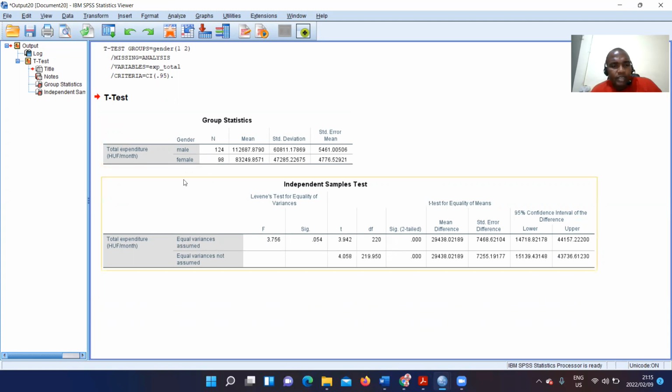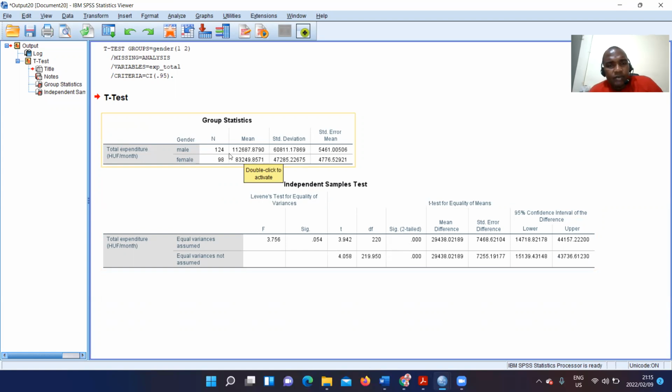If equal variances are assumed, it means expenditure among men and women does not really vary, because we are assuming equal variances. And then equality of means. The arithmetic means are so divergent.